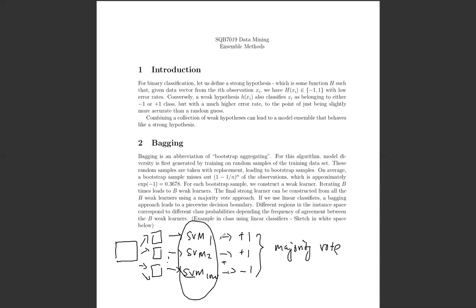So it doesn't really matter what classifier you use, although in a lot of software, they will usually do bagging with trees, because trees are good at capturing complex data. It's actually known that for models that are able to capture complex data, such as a tree, bagging will further improve it.